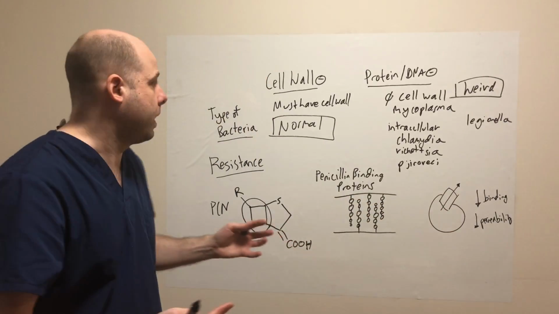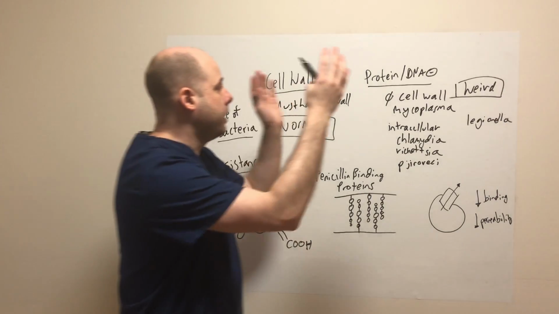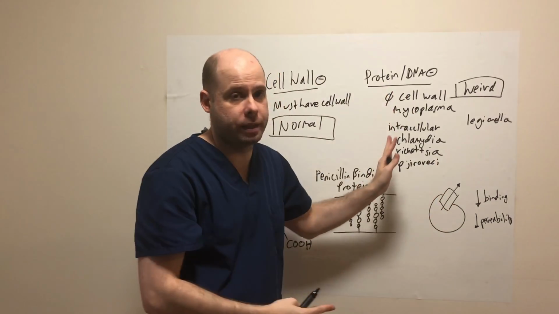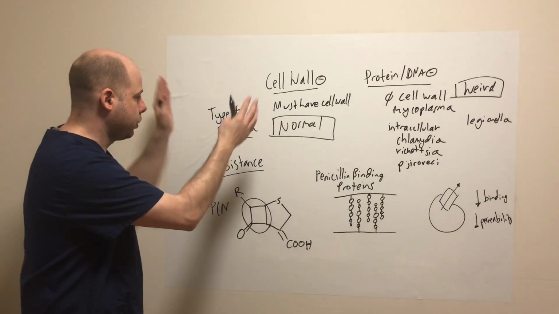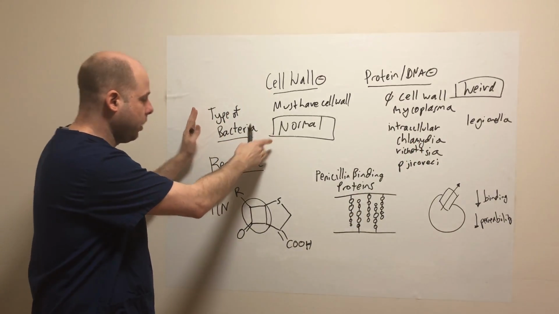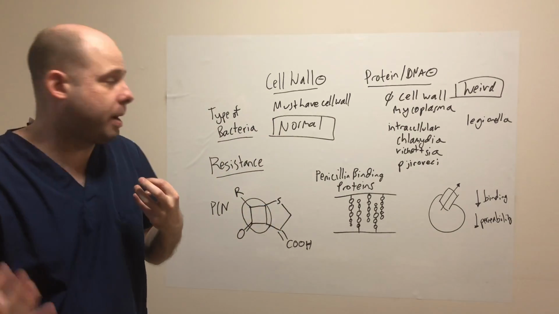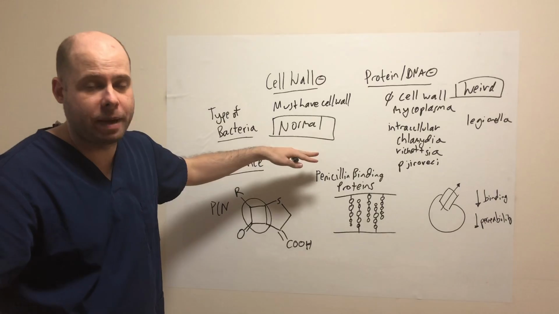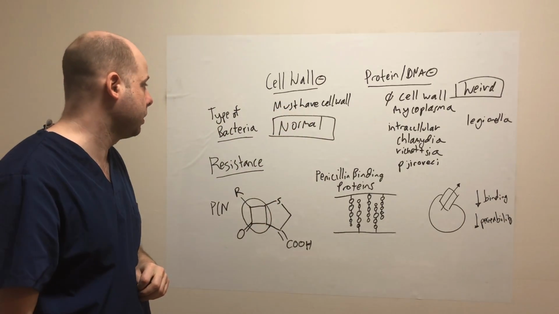So to summarize, it's useful to split antibiotics up into cell wall inhibitors and other mechanisms, including protein and DNA inhibitors, because the two types of antibiotics are used to treat different types of bacteria and have different patterns of resistance. The quick way I think about it is that cell wall inhibitors treat normal bacteria that have a cell wall and that spend some time outside human cells.